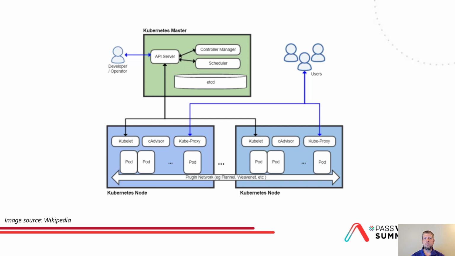And then down below, we'll talk about this more in just a moment, but you have the nodes. The nodes contain pods. There's plugins which allow coordination among all of the nodes. It's a very complex environment, but it's also extremely flexible and gives you a lot of power to be able to handle all of these containers at scale.